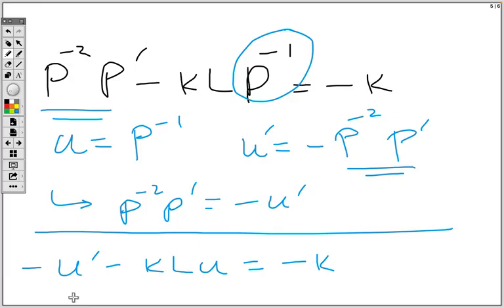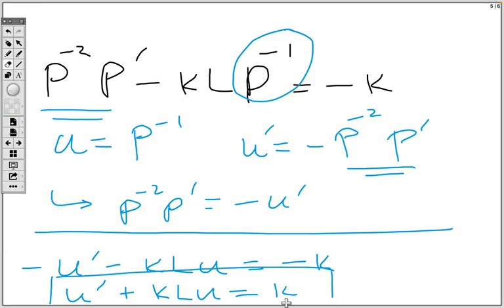And so if I multiply through by that negative 1, you get that. And now this is linear in u. It's all set for the integrating factor.